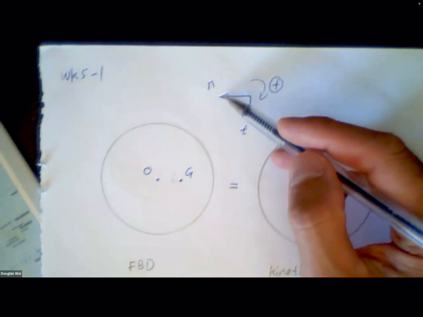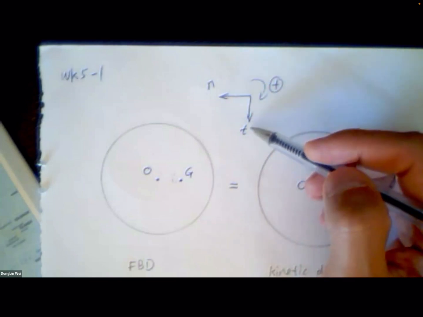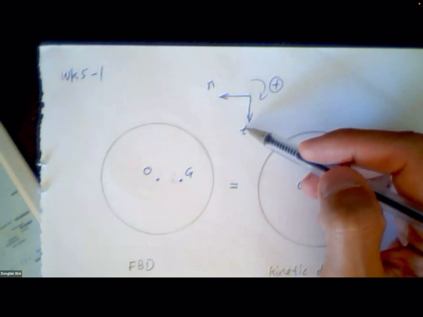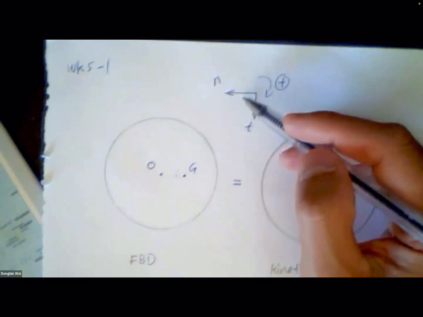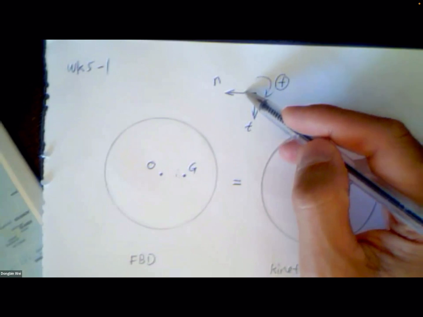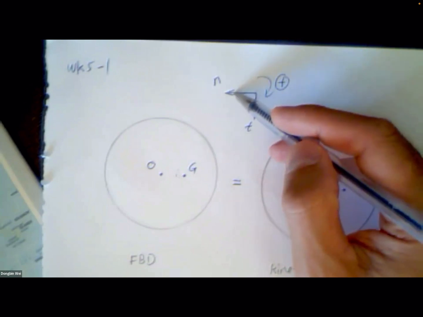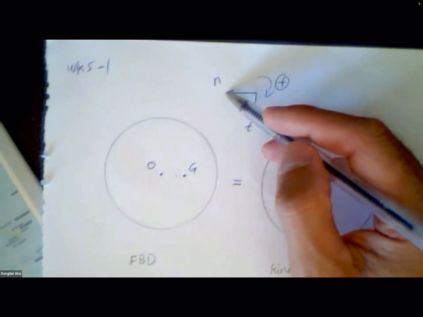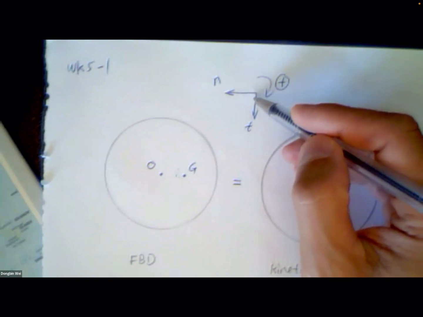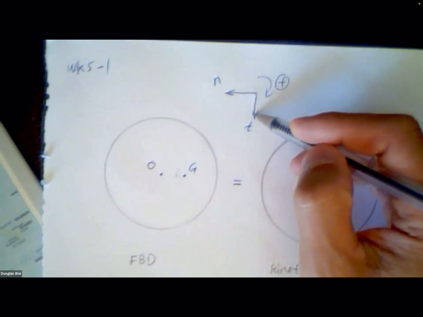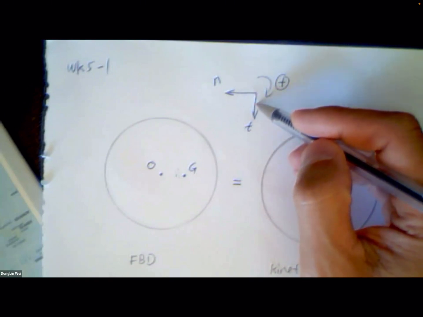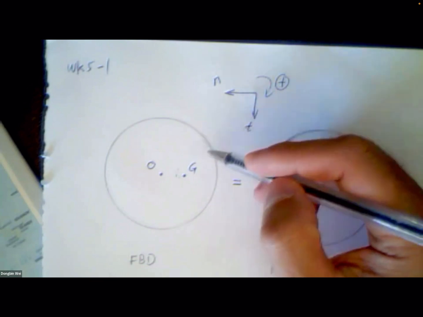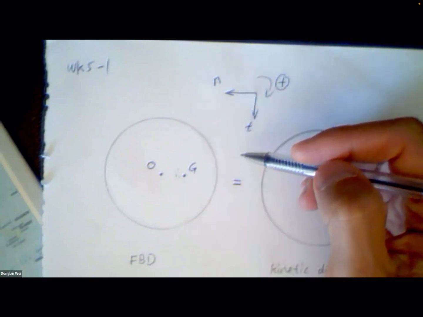I'm going to use the normal tangential coordinate system. In this one, I define the normal component positive direction to the left side, and the positive tangential direction downward, for the problem at this instant.